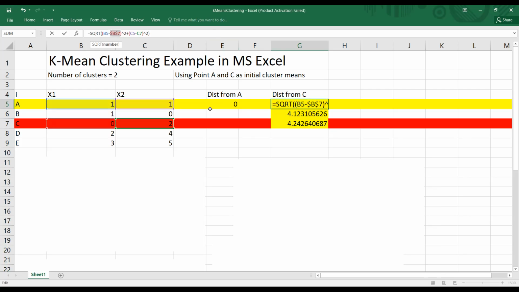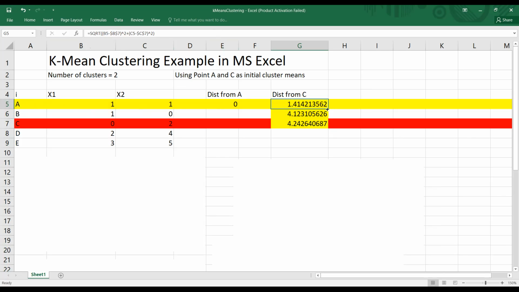So $B and $7. Similarly, we have to freeze the content again here. Now the formula is the same, the value is still there because it will not change the calculation for point A.